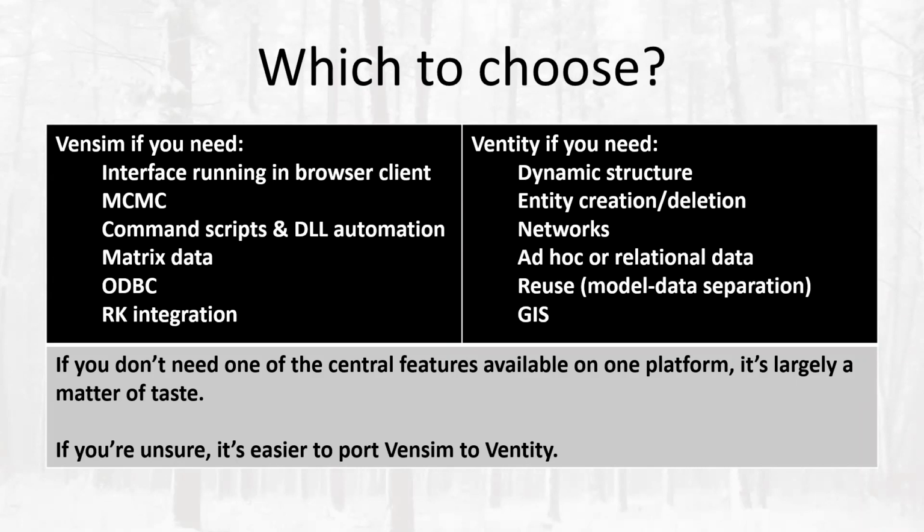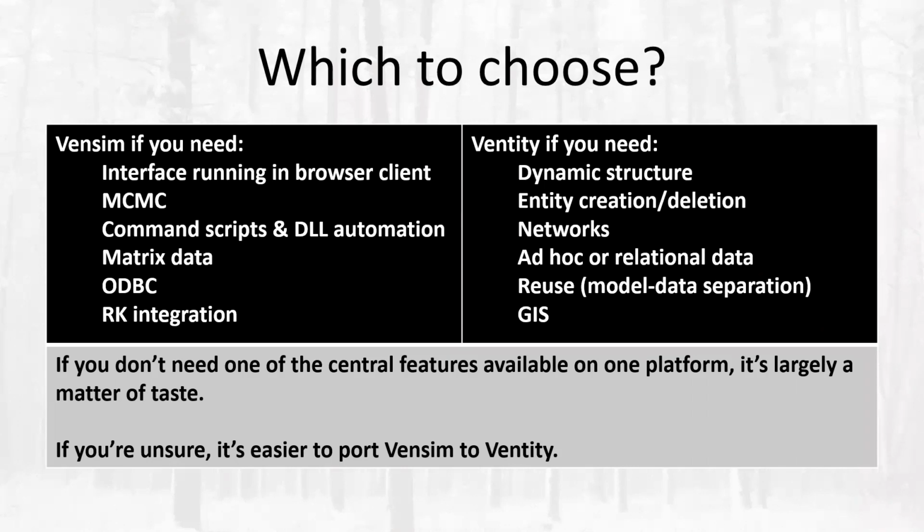There are some things that would drive you one way or another. So Vensim is still more capable in the space of advanced algorithms like Markov Chain Monte Carlo, and it has a command script and automation language, or you can use the Vensim DLL.